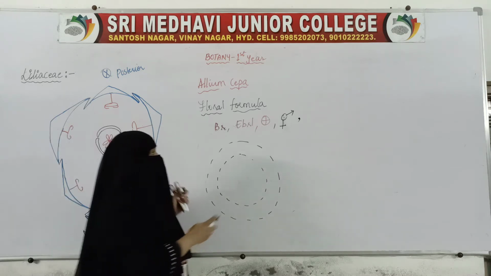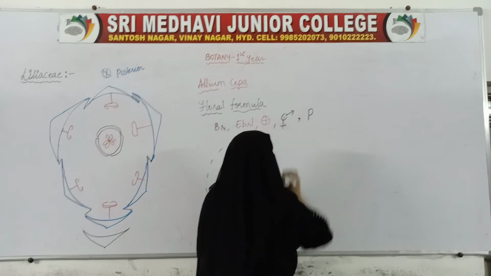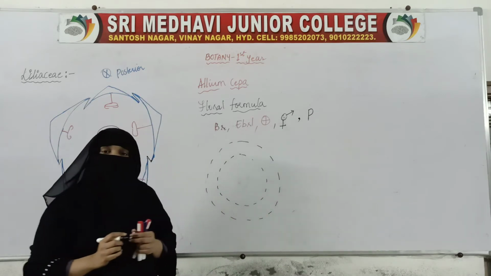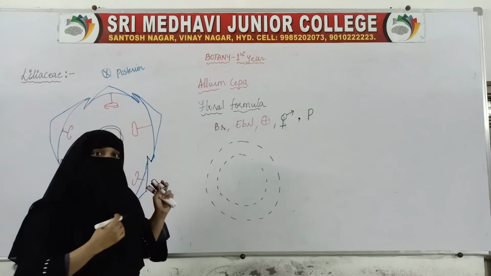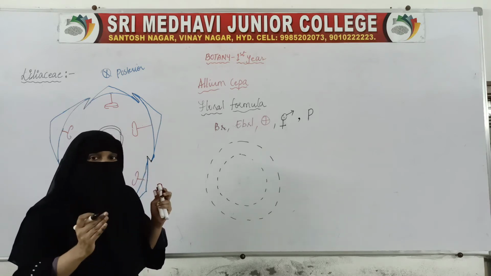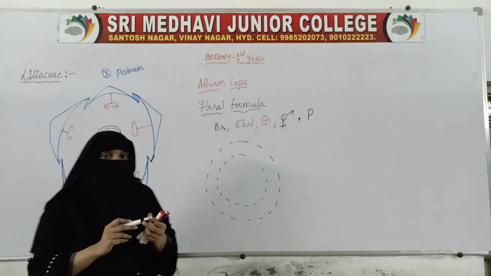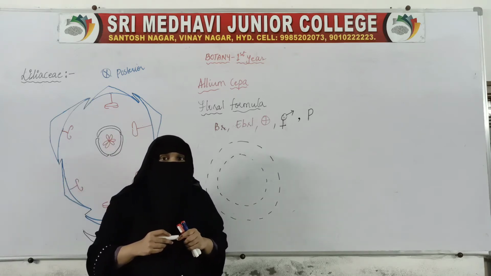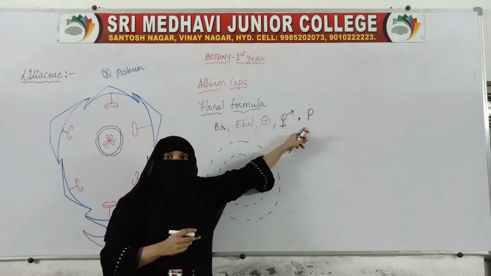That is why we call this flower perianth. Instead of writing calyx and corolla, I'll be writing perianth, because we call this type of flower a perianth flower, where petals and sepals are not differentiated.